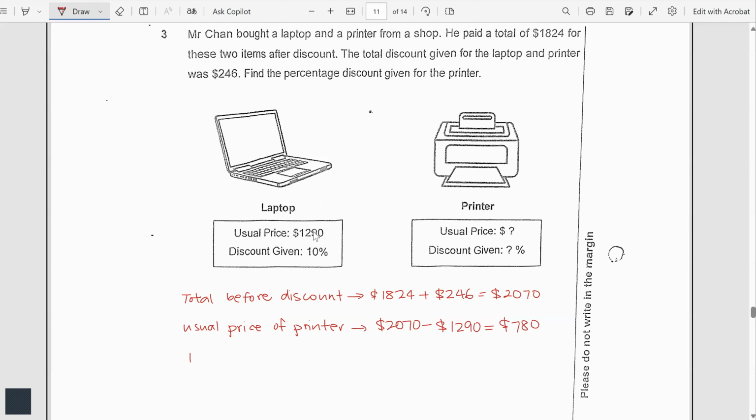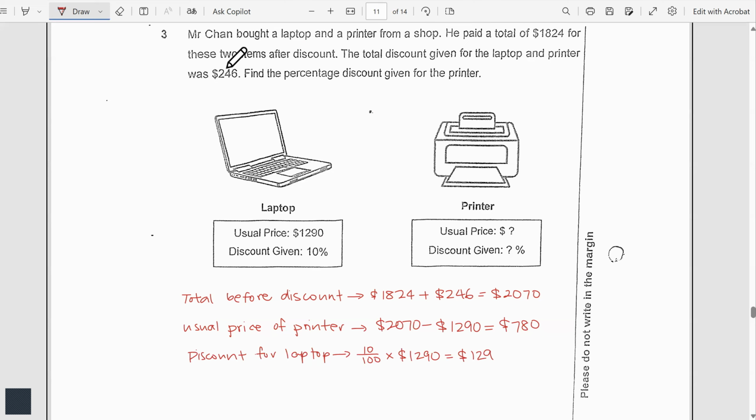The discount for the laptop is 10% of 1290. So 10 over 100 times 1290. That will give us $129.